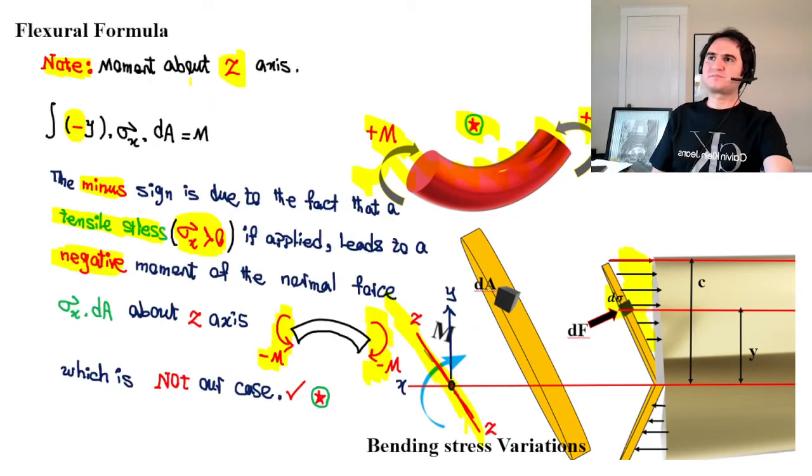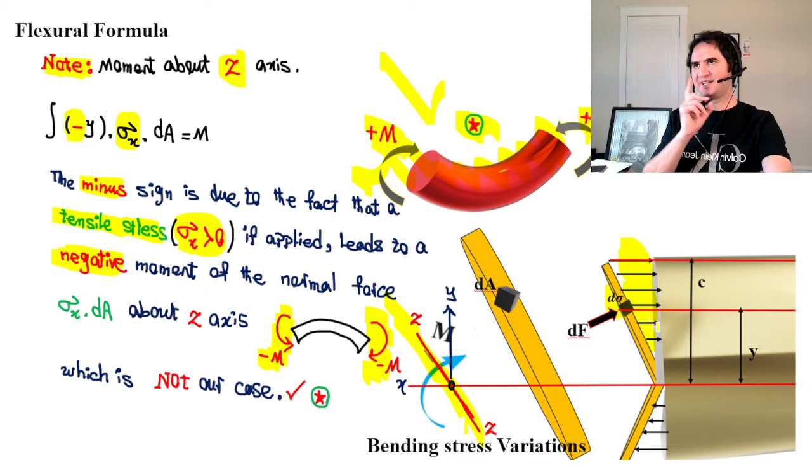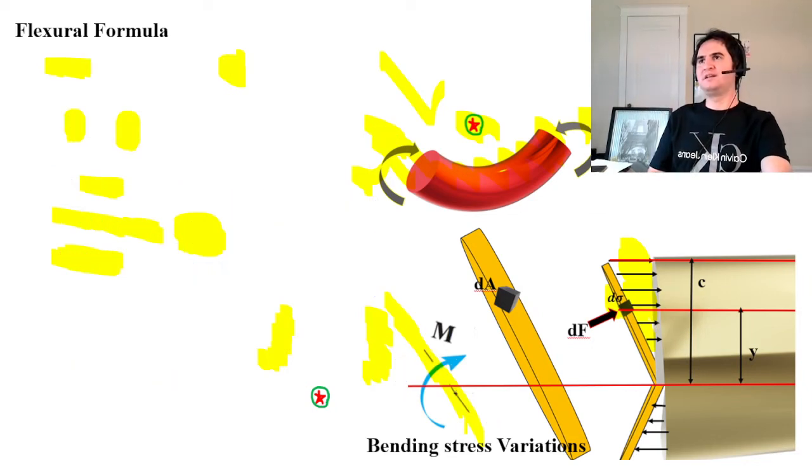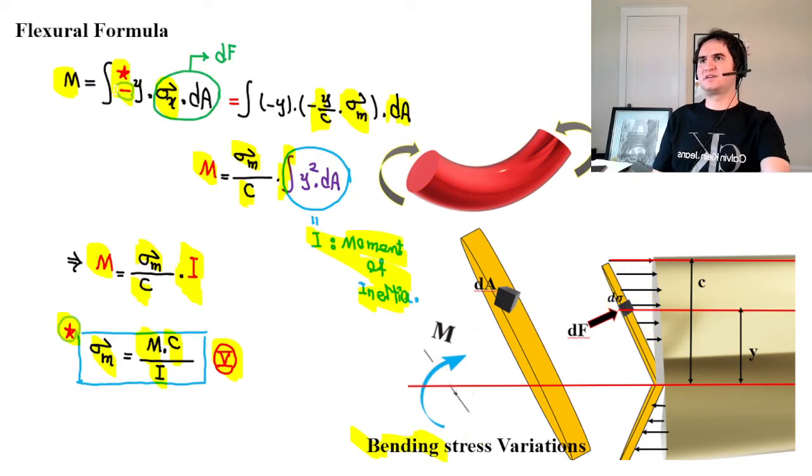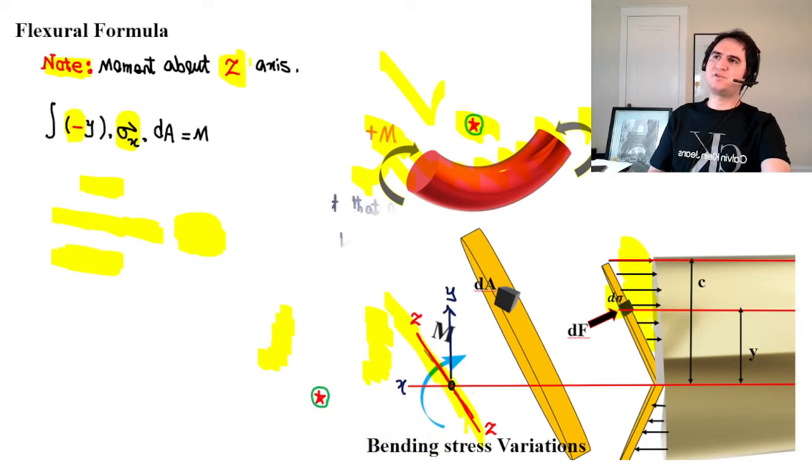So that's why we need to apply a negative to that equation to cancel out the negative in the formula of sigma x to give us a correct positive moment, which gives us a push at the top section. That's the reason for that negative y in the previous slides here. There is a negative in the formula of sigma. That's why we use that.